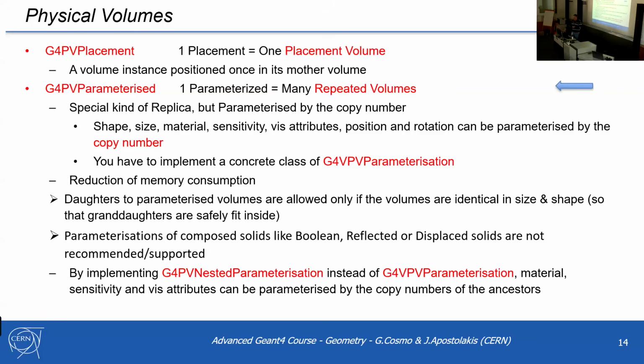And one thing that we will see in the next lecture is that the parameterization supports a different kind of parameterization that we call nested parameterization for special cases. It is used in the same way as a normal parameterization.